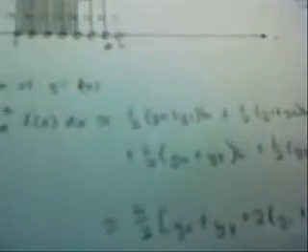Add them all together, because y1 is repeated, y2 repeated, and so on. This is how you find the approximation using the trapezoidal rule.